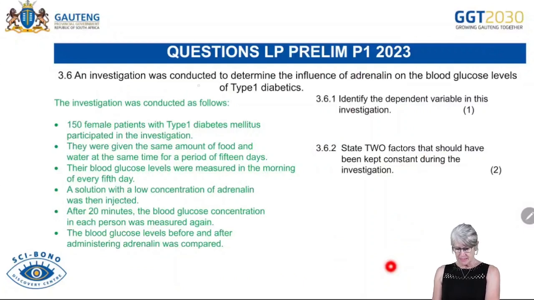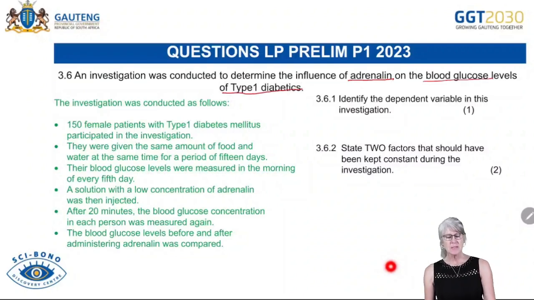But in this one, they say an investigation was conducted to determine the influence of adrenaline on blood glucose levels of type 1 diabetics. Okay, so we know when somebody is diabetic, they do not produce enough insulin. So they have to take in insulin to regulate their blood glucose levels. So they want to know, what effect does adrenaline have?